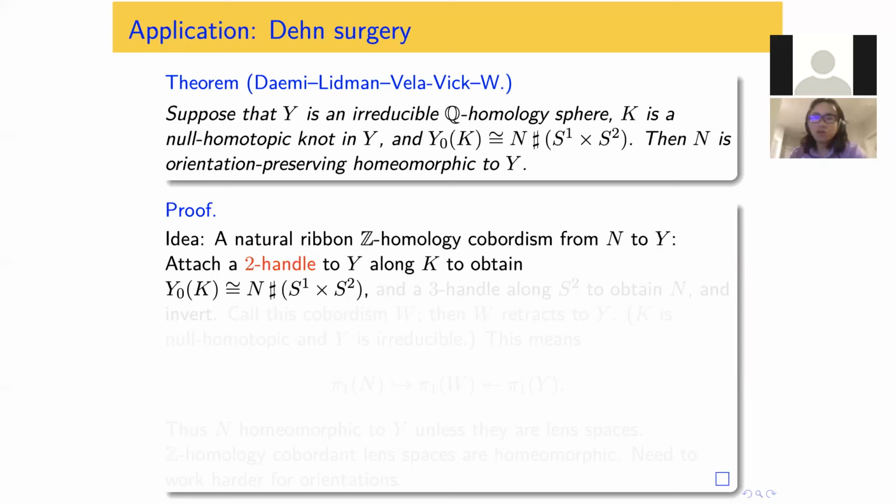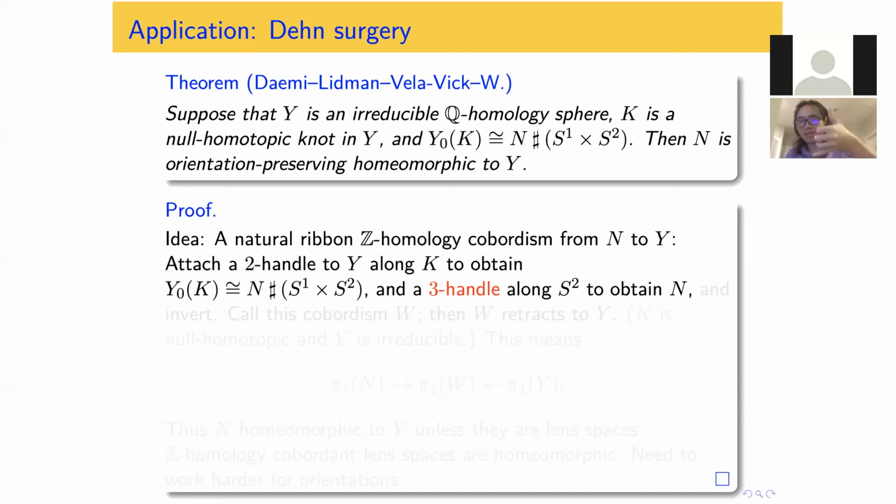That gives you the 0 surgery on Y along K on the other end, and by the hypothesis, N contains some S1 cross S2. Now you have this S1 cross S2 summand in it, and you can add a 3-handle along the S2, some point cross S2 inside the S1 cross S2 summand, and you get to N. You just capped off the S1 cross S2 part.